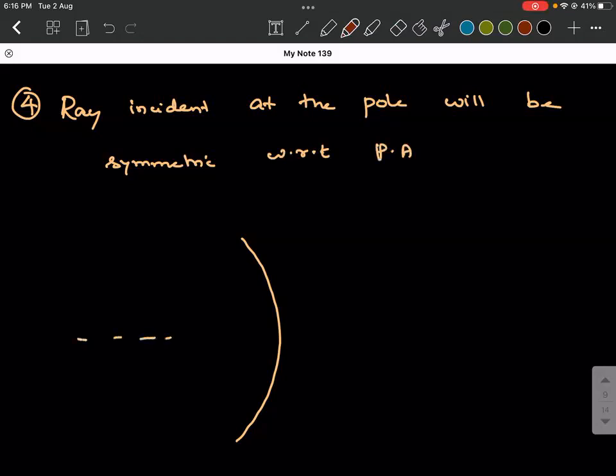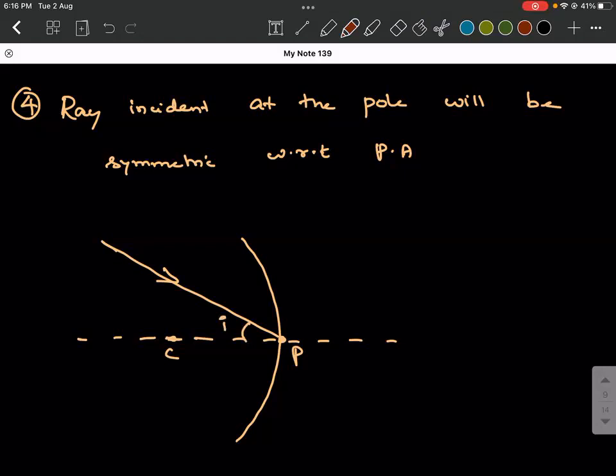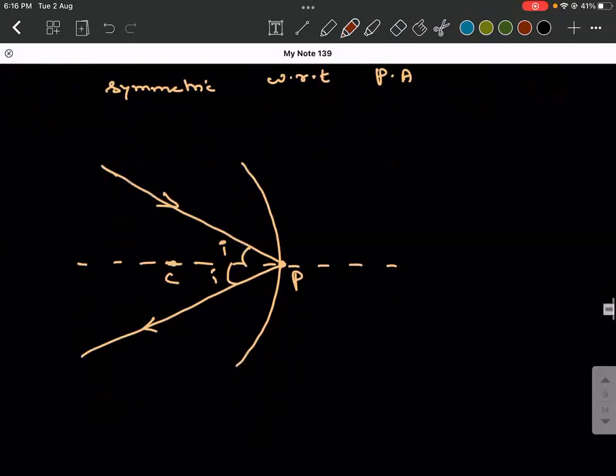So the meaning of it is, if this is the pole and this is the incident ray, okay, now at the point of incidence, we are supposed to draw the normal. I told you, for drawing the normal, join the point of incidence and the center of curvature. Then this will be the angle of incidence. If this is the angle of incidence, then the same will be the angle of reflection as well. So that is why I said it is symmetric with respect to the principal axis.